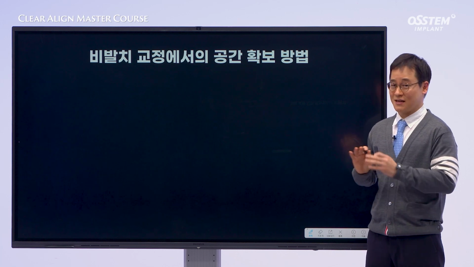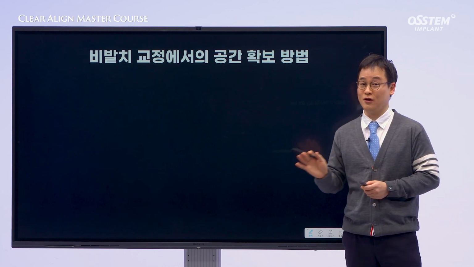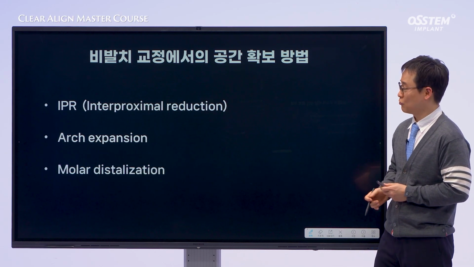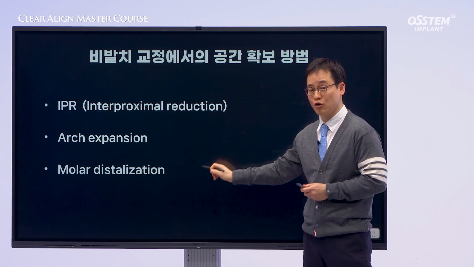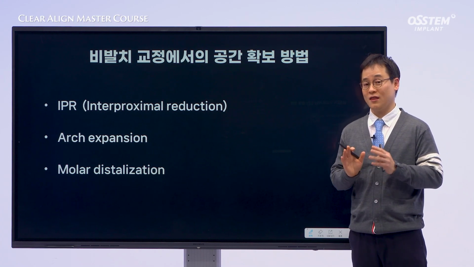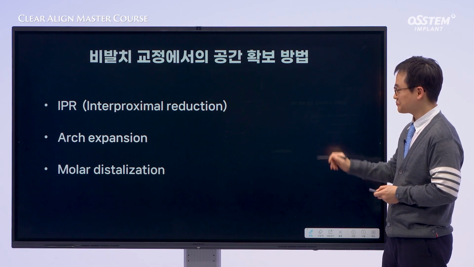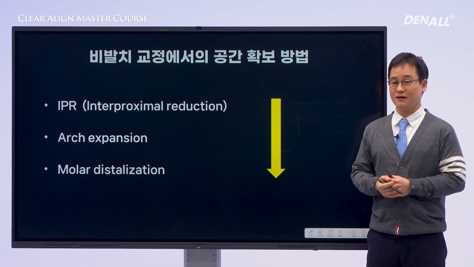Now, coming back to the question of how to create space in non-extraction clear aligner cases, there are only 3 options: IPR, arch expansion, and molar distalization. When we look at it from a difficulty standpoint, the order goes like this. The lower on the list, the more challenging the procedure becomes.